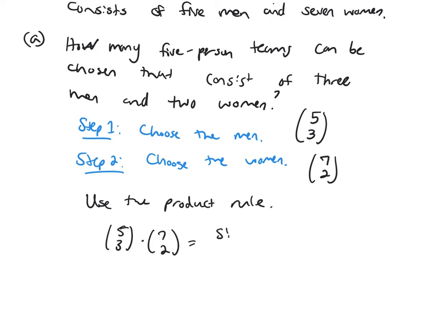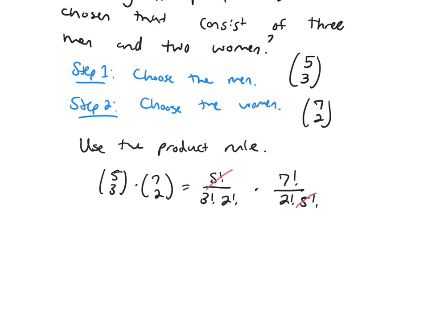So this will be 5 factorial over 3 factorial times 2 factorial, times 7 factorial over 2 factorial times 5 factorial. The 5 factorials will cancel. So then we have 7 factorial on the top, and the 3 factorials will cancel. 2 factorial is 2, and 2 factorial is 2, so these will cancel with this 4.